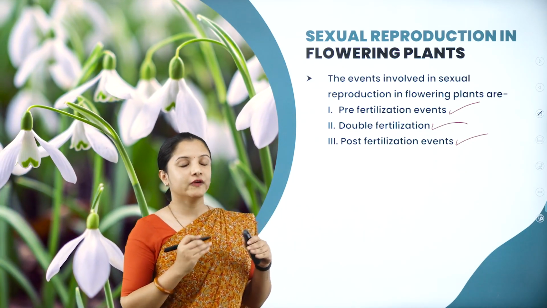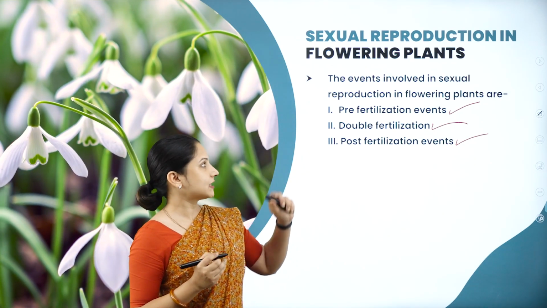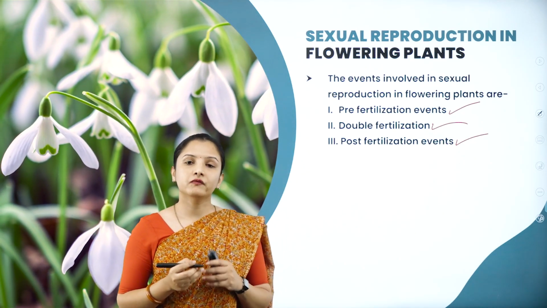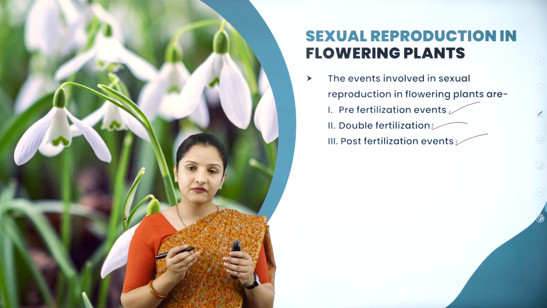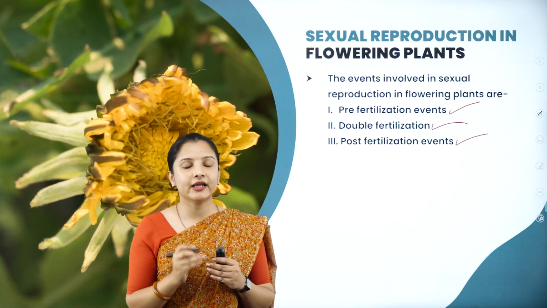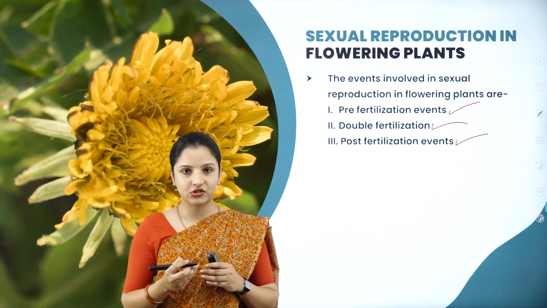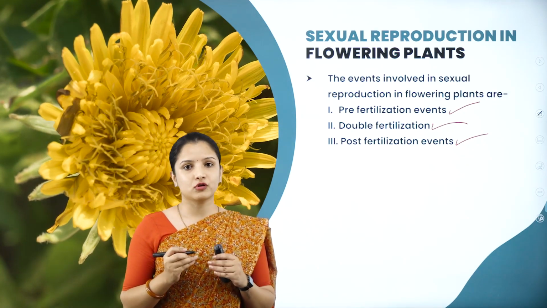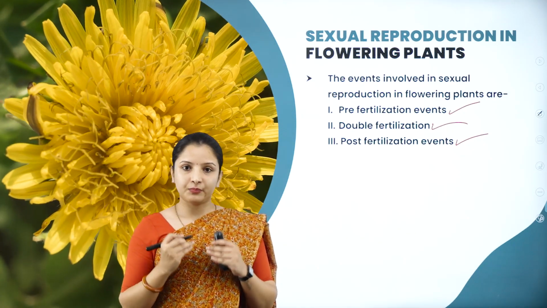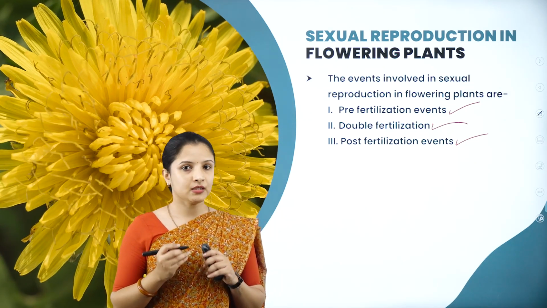In this session, we'll concentrate on the pre-fertilization events, wherein we'll only focus on the pre-fertilization structures that help in bringing about the pre-fertilization events. We'll mainly focus on the male reproductive structure of a flowering plant.